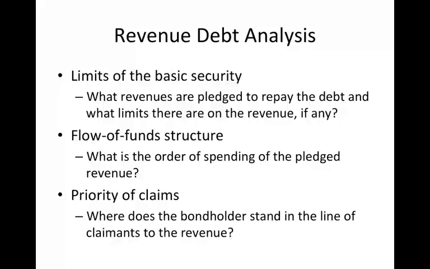There are certain types of debt that are sold that tend to be a little bit more valuable because they come with a promise that when there are competing claims on the resources of the government, this is the debt that gets repaid first. It has a primary claim over all other creditors of the entity. And as you can imagine, from a bondholder's perspective, that's a pretty valuable promise.